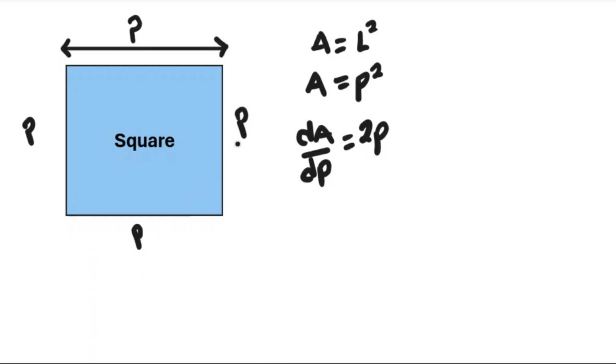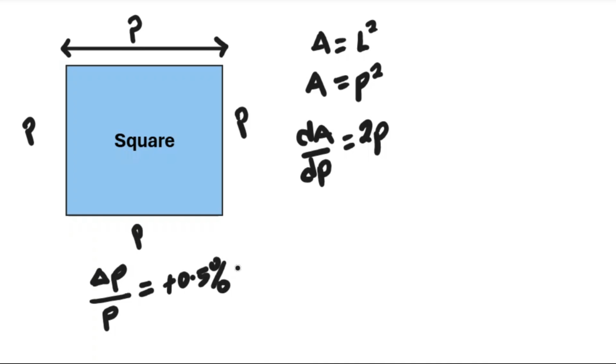Now, the side of the square here, we have represented as p. So the change in p will be delta p. In respect to the original, which is our p, this is now equivalent to 0.5%. Since it's increasing, we'll say plus 0.5%.